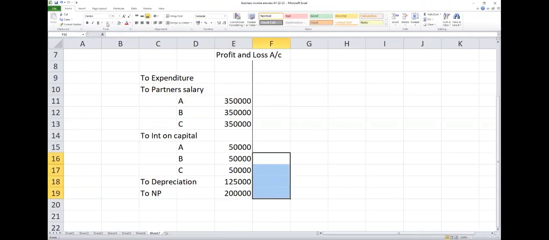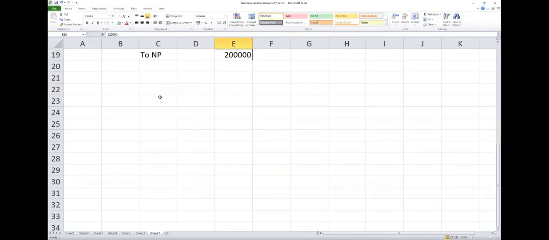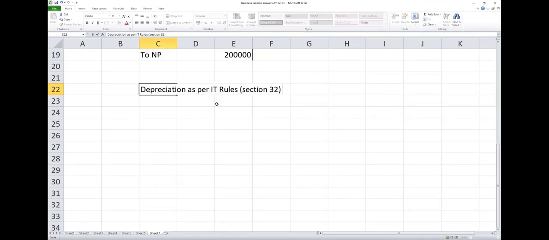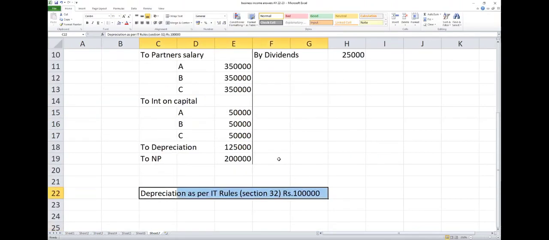Now, students, partner salary and interest on capital, depreciation and adjustment. Depreciation as per income tax rules, section 32. Admissible depreciation is only 1 lakh, but they have debited as per books 1,25,000. But what is allowed for tax purposes is 1 lakh. Depreciation, section 32.